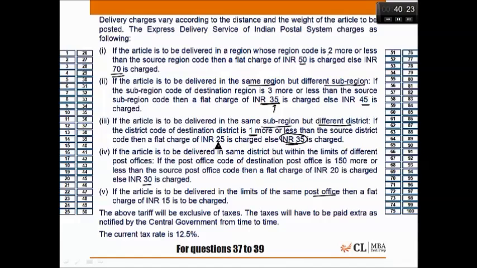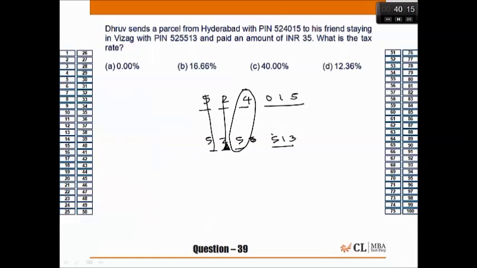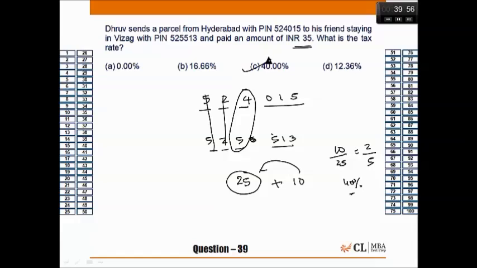This is this one. 1 more or less should have been 25. You should have paid 25 bucks plus tax. You paid 35, so tax is 10 bucks. 10 on 25, 2 on 5, 40% tax. Awesome.